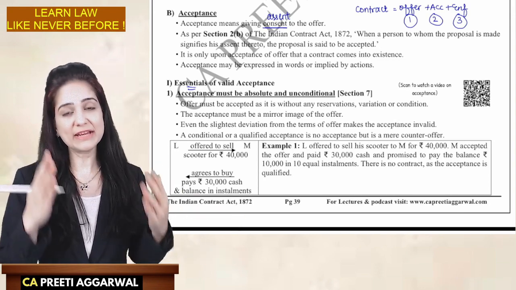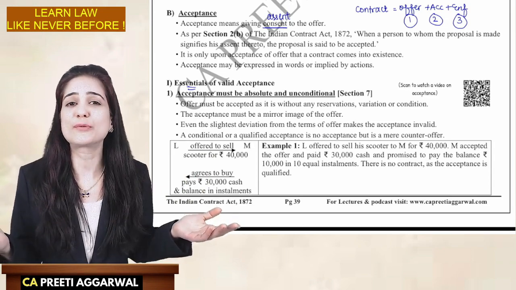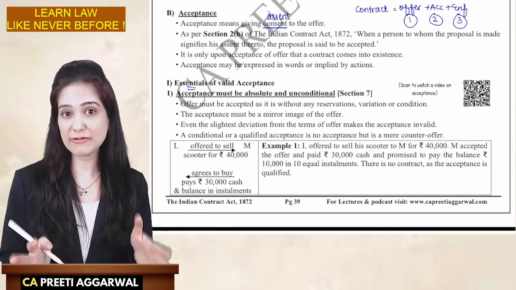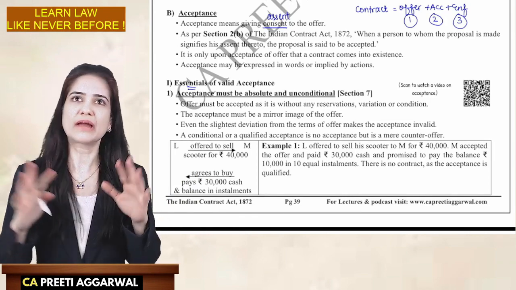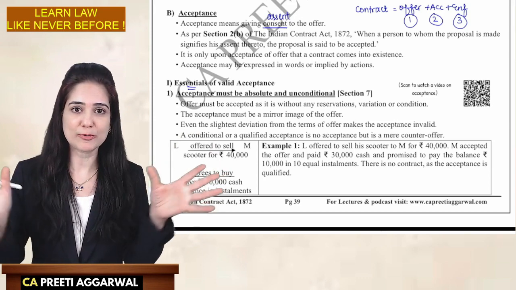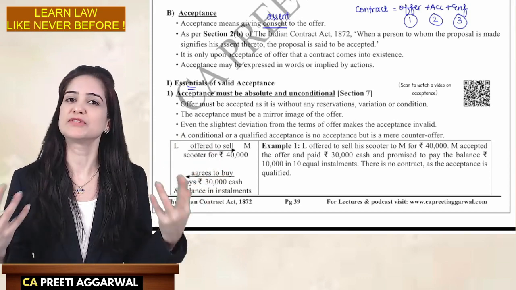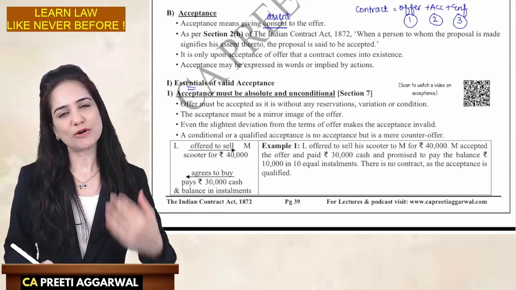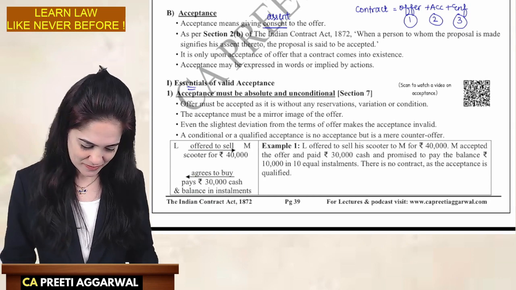We know that offer plus acceptance plus enforceability, but enforceability need not be specified in the question every time. So you have to get used to it. In 99% of exam questions, they will not specify the concept of enforceability. That is something which we need to assume. So offer needs to be accepted, only then it will be a valid contract.